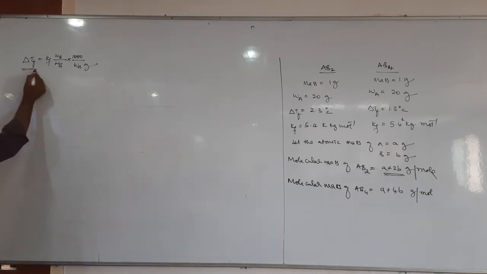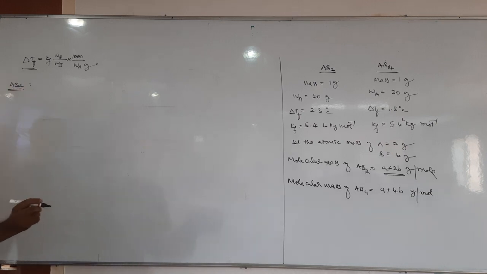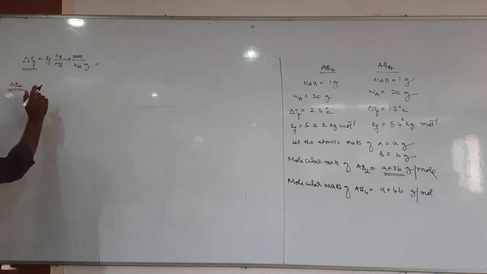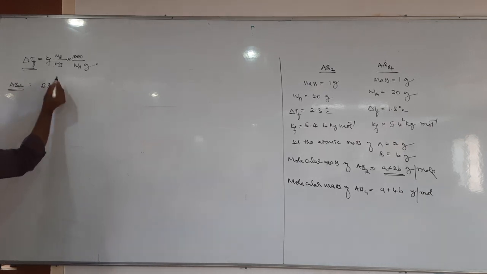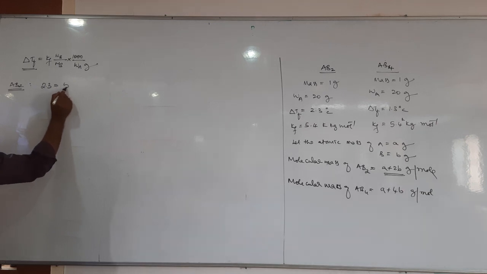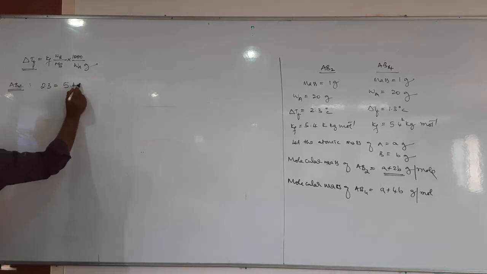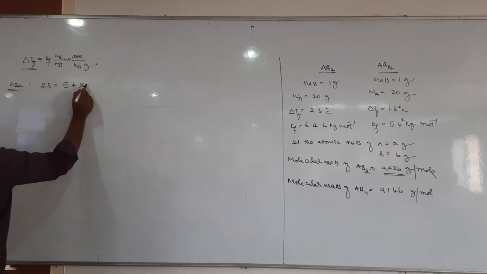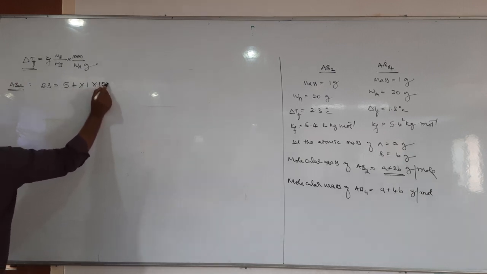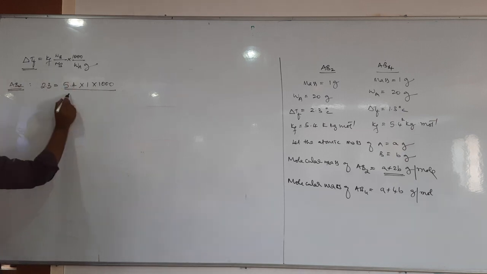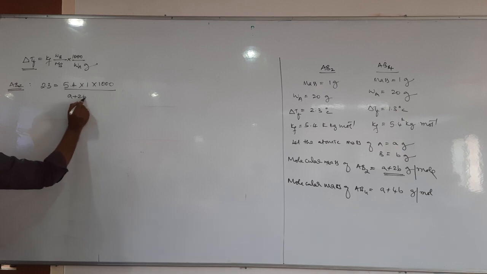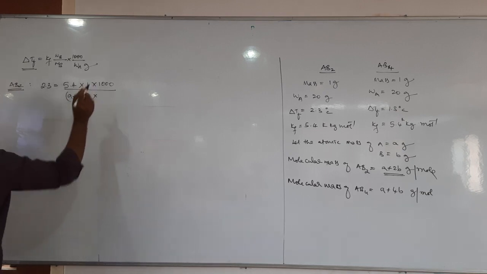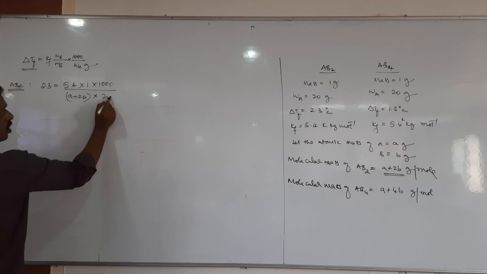Here let us take the case of AB2. In case of AB2, what is the delta TF? 2.3 equals Kf, 5.4, into WB, which is 1 gram, into 1000, divided by MB, which is a plus 2b, into WA, which is 20 grams of benzene.